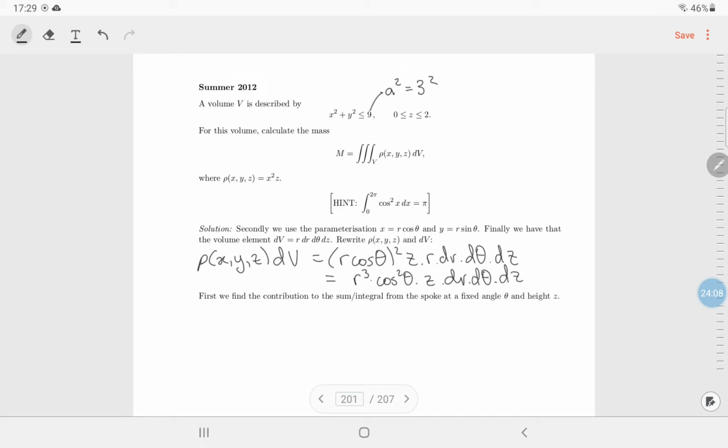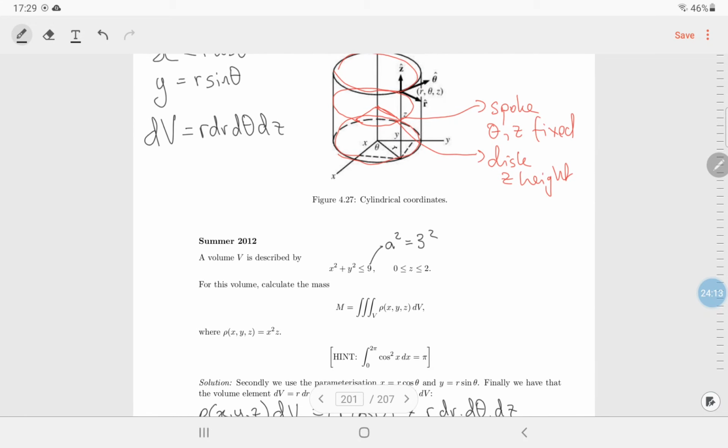So we're going to find the mass of a spoke. So mass of a spoke, maybe this one here, fixed height, fixed angle, but r is going from 0, so that's the middle bit, out to the edge, the full radius of the cylinder, which is 3.